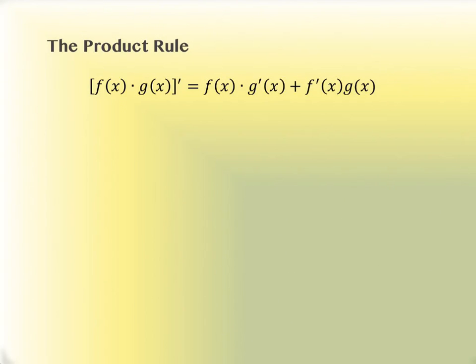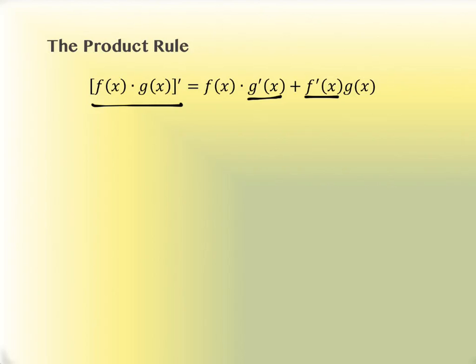The product rule actually looks like this. If I want the derivative of the entire product of something, I do take the individual derivatives. They're right here. Do you see that g prime of x and that f prime of x? But they don't get multiplied by each other.